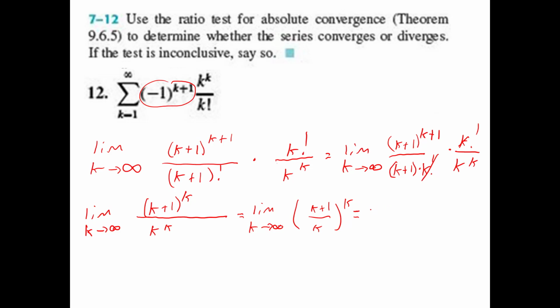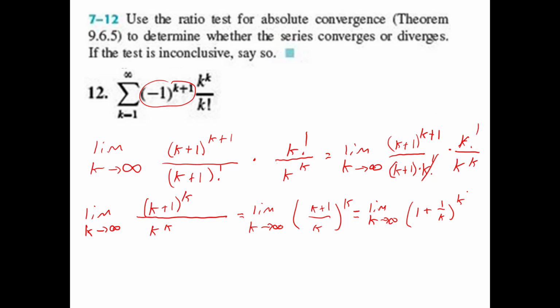And then this becomes the limit as k goes off to infinity of, if we clean this up, we can break this up as two fractions, 1 plus 1 over k raised to the k.